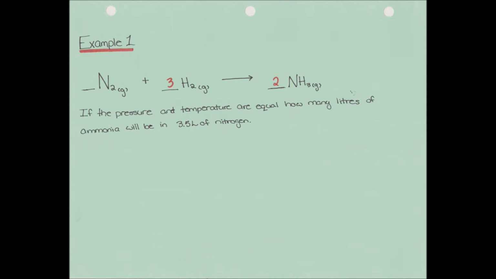So to begin, you would write the volume of the nitrogen, which is 3.5 liters of N2, times a straight line, and on the bottom of the line you would have nitrogen because you would want it to cancel out. There's only 1 liter of nitrogen, and then on top you have 2 liters of NH3, and then you multiply, divide, and your answer is 7.0 liters of NH3.